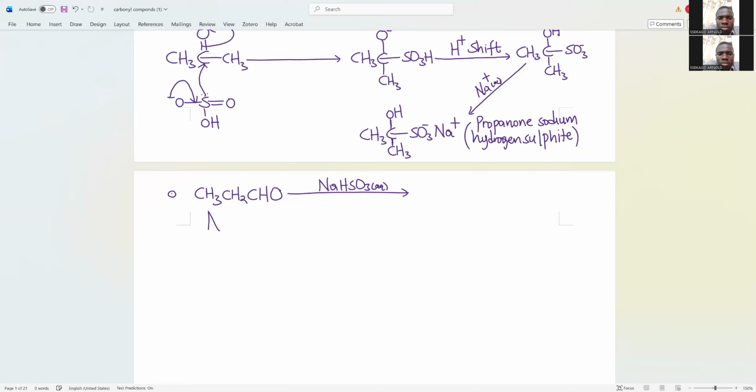So the solution is saturated, implying that it has too much of sodium ions and hydrogen sulfite. So the salt splits so that we get a sodium ion and a hydrogen sulfite ion, like that.